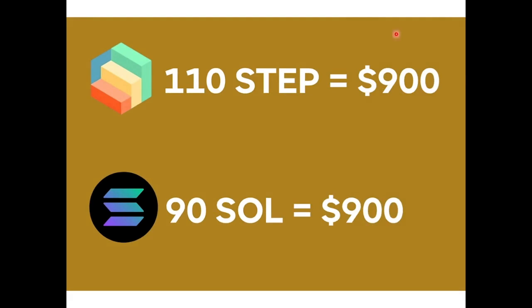So 10 Solana tokens will automatically be converted to step tokens, and the value will now be $900 worth of steps and $900 worth of Solana. If this happens in Solana, step tokens are also going to be converted to Solana in order for the value in the liquidity pool to remain balanced.